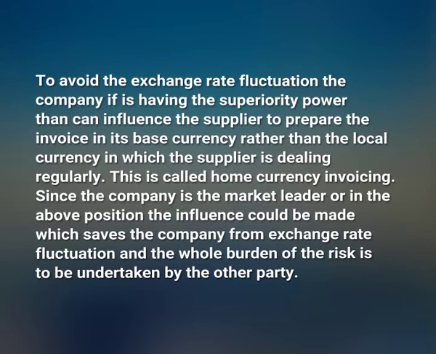This is called home currency invoicing. Since the company is the market leader or in a superior position, this influence can be exercised, which saves the company from exchange rate fluctuation, and the whole burden of the risk is undertaken by the other party.